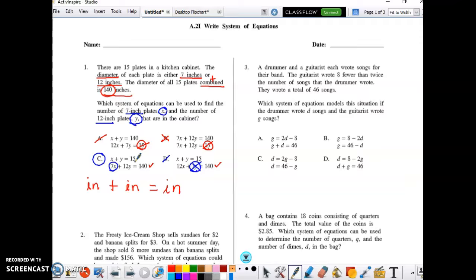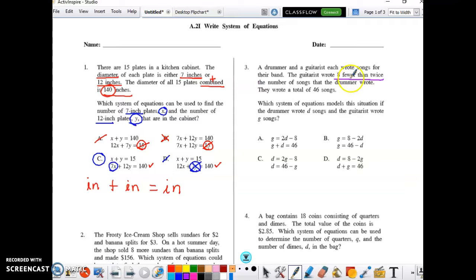Okay, let's go ahead and do problem number 3. Problem number 3 says a drummer and a guitarist each wrote songs for their band. The guitarist wrote 8 fewer than twice the number of songs that the drummer wrote. Now, I know that's going to be one of my equations just because it sounds like it.